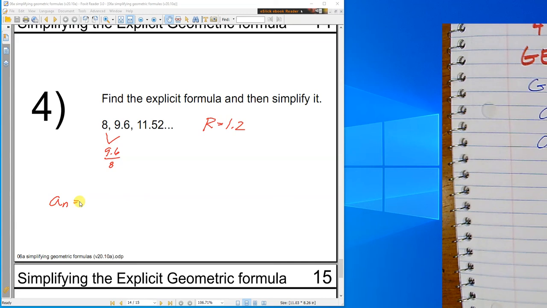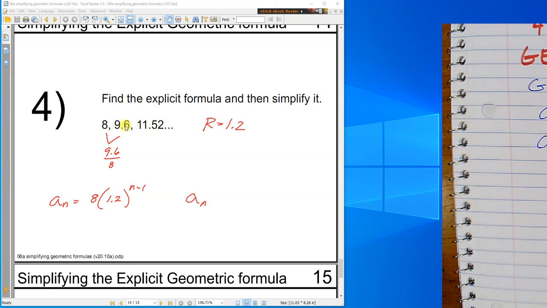a sub n equals the value of the first term, ratio, n minus 1. Now we're going to simplify it. It was going multiply by 1.2, multiply by 1.2. So let's work it backwards.